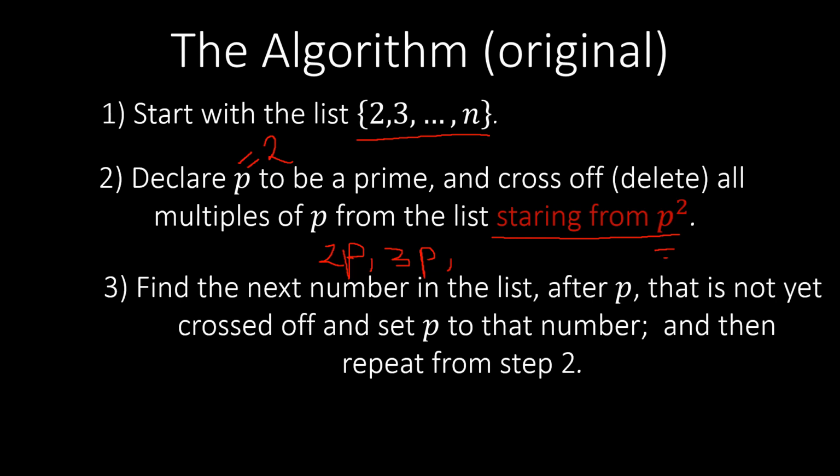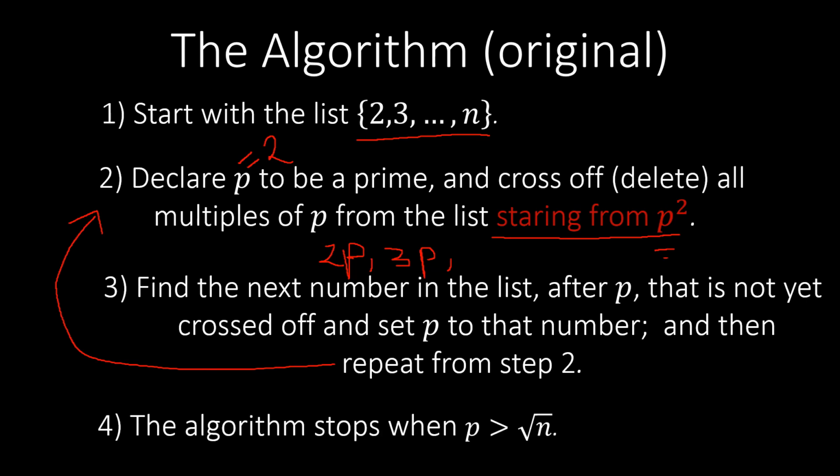And we continue in the same way we did with the other algorithm. So we find the next number in the list, we call it P, that is not yet crossed off, and we set that number to be our prime number, and we repeat again the second step here, number 2, and we stop the algorithm when P is bigger than the square root of n. Now, this is very similar to the first one, and this is the actual original, the one that appears in the literature, starting from P squared.